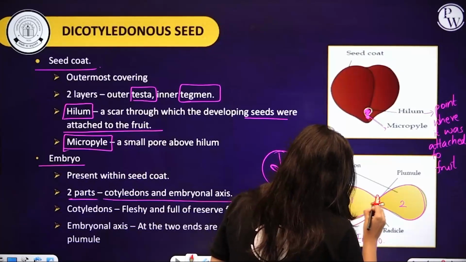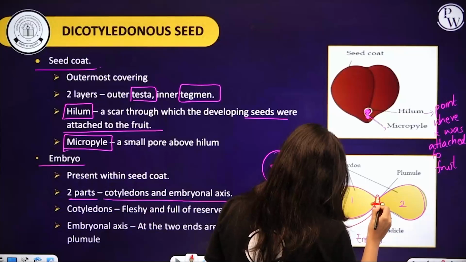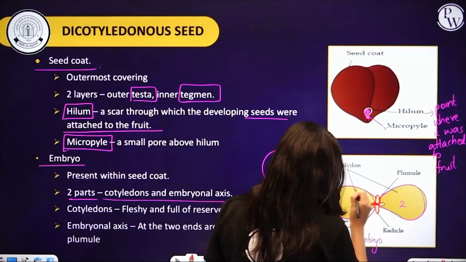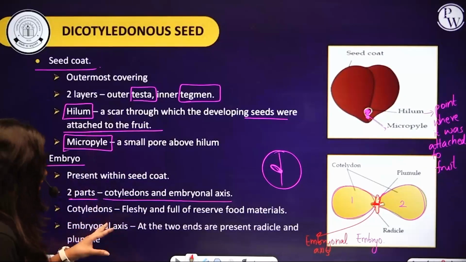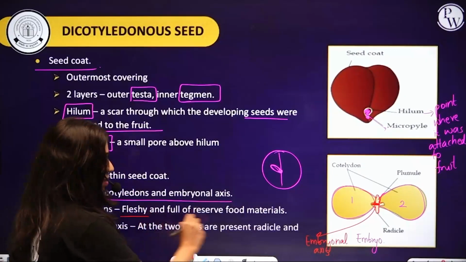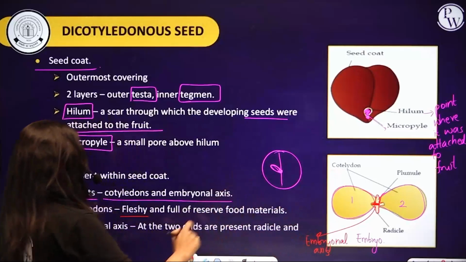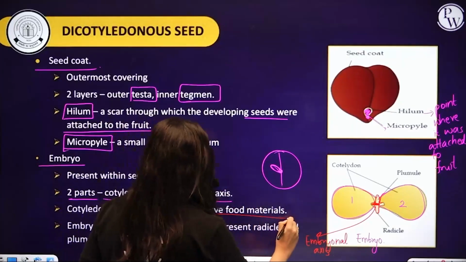At the node of the embryonal axis, you can find that two cotyledons are attached. Okay. So in dicots, the cotyledons are fleshy, very large as you can see, two in number, and full of reserve food materials.